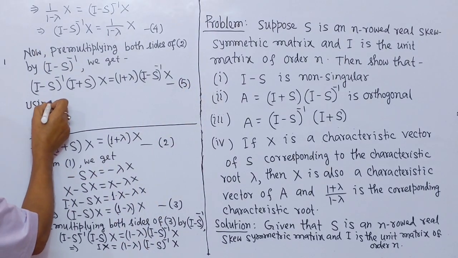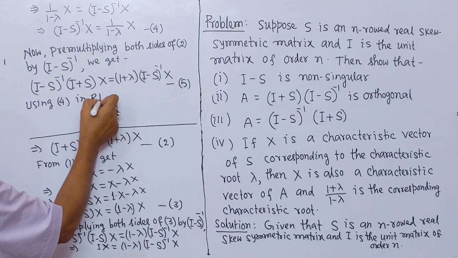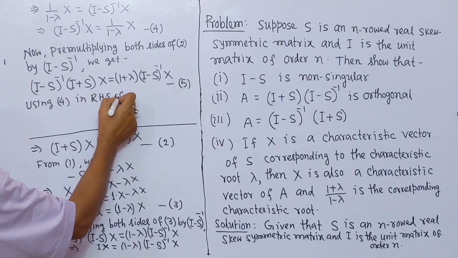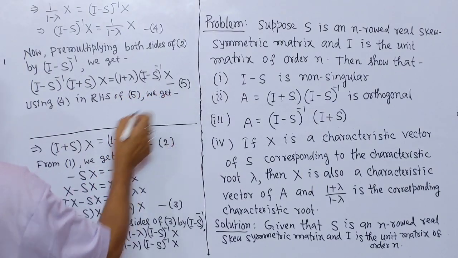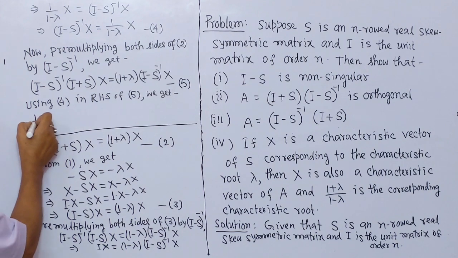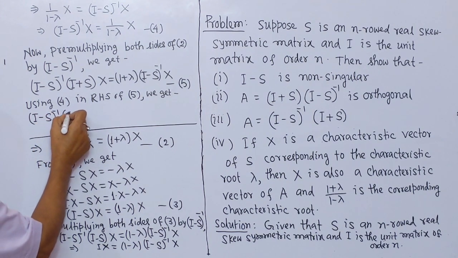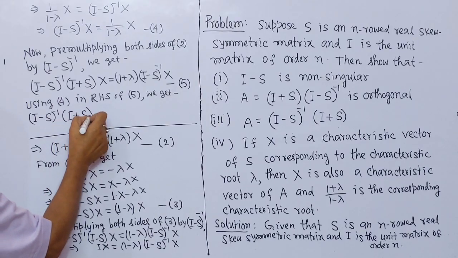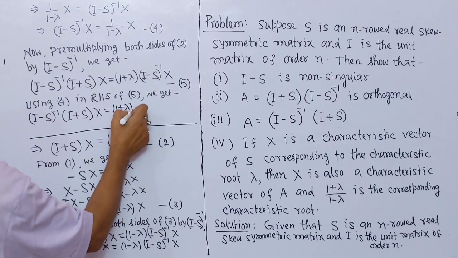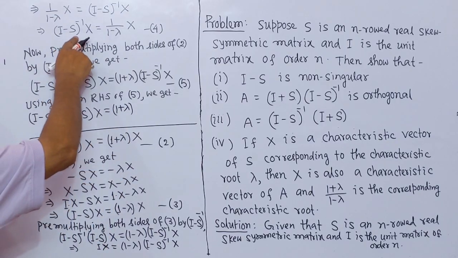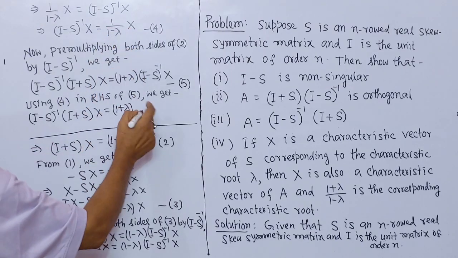Using 4 in the right side of 5, we get (I minus S) whole inverse multiplied by (I plus S) x equals (1 plus lambda)(I minus S) whole inverse multiplied by x, equals (1 plus lambda) times 1 by (1 minus lambda) x.